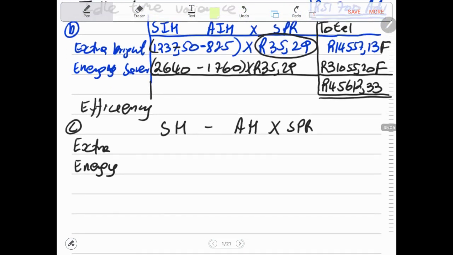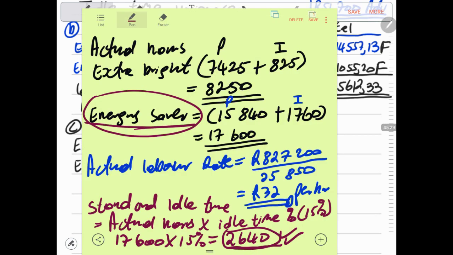Now we are doing the efficiency, which is the labor efficiency variance. Then now we look at the standard hours, versus actual hours. And we multiply that by the standard productive rate. We definitely should be knowing that our total actual hours were 8,250 for the extra bright.